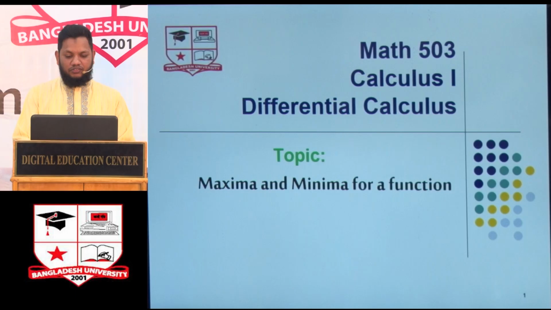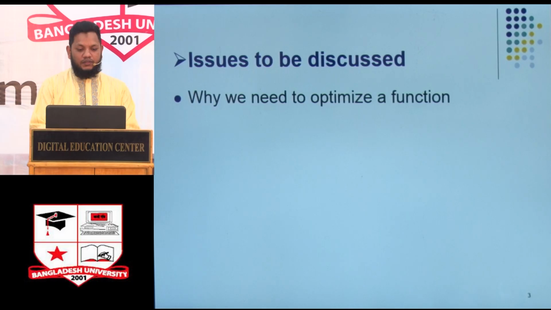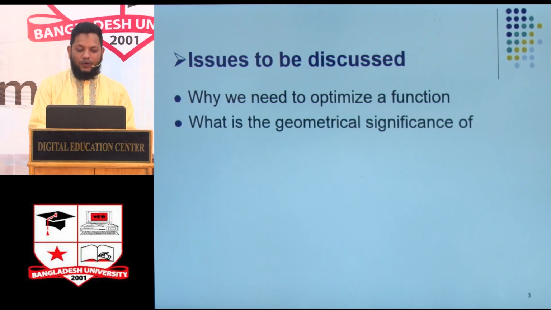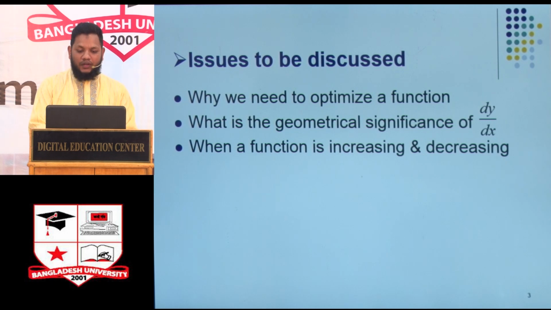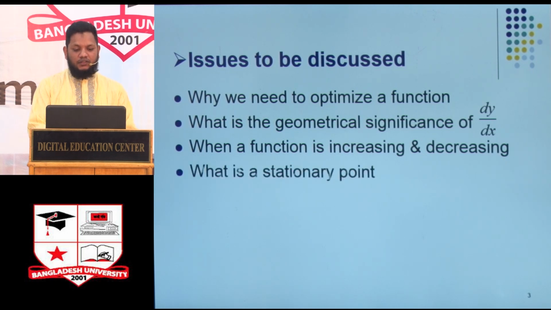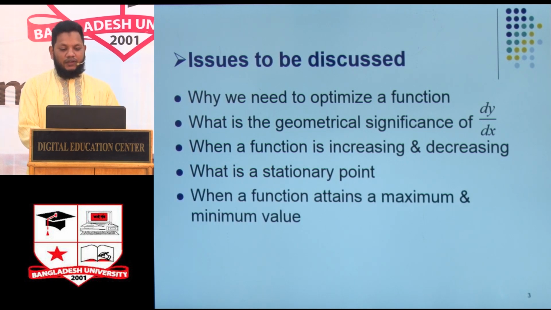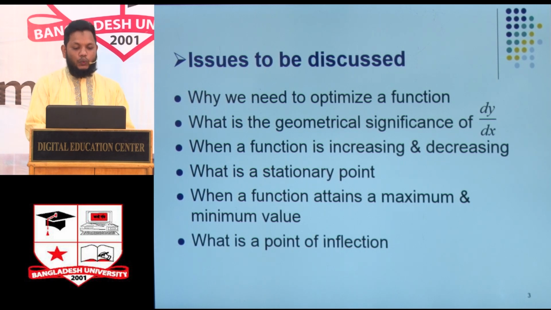Today I would like to start my topic. My topic is maxima and minima of a function. This is to be discussed here: why you need to optimize a function, and what is the geometrical significance of dy/dx. Then, when a function is increasing and decreasing, what is the stationary point of a function, when a function attains a maximum and minimum value, and when a point of inflection.